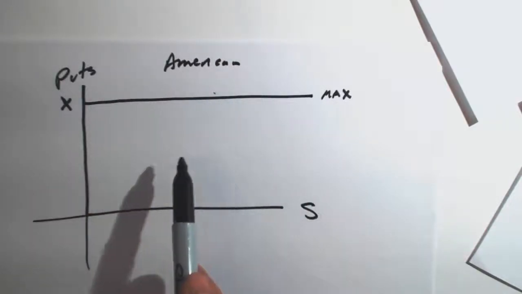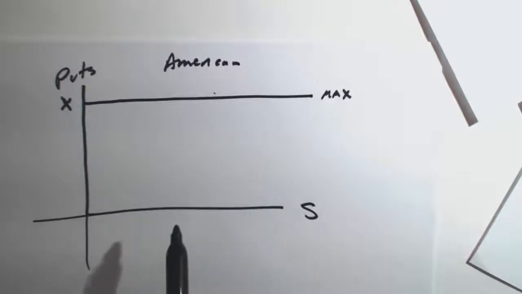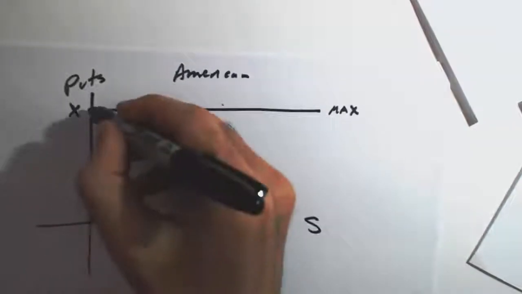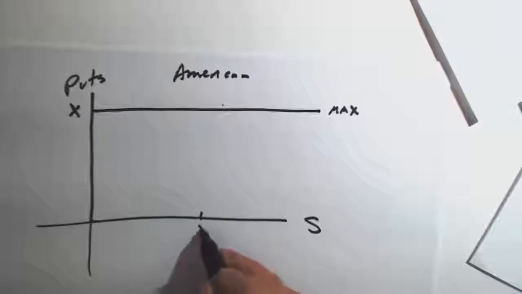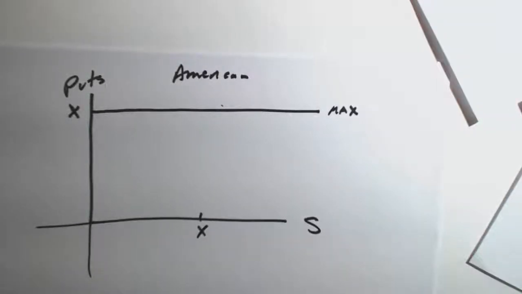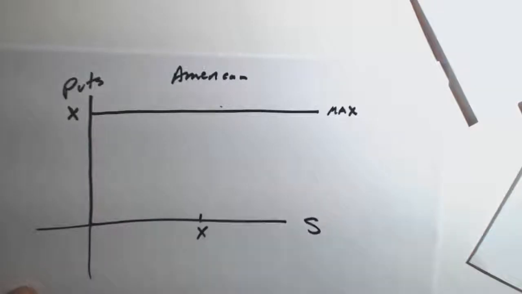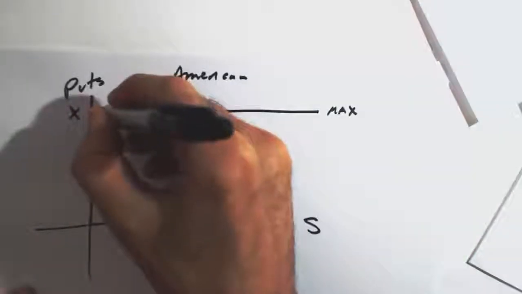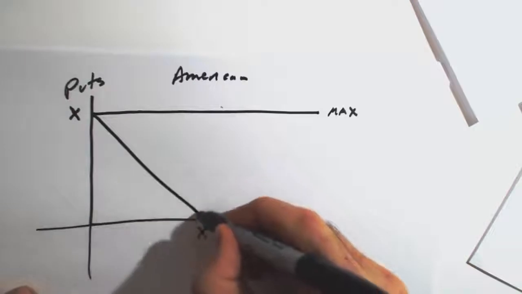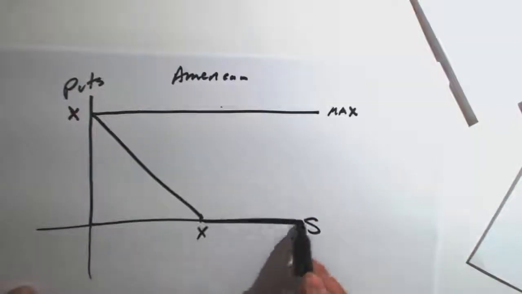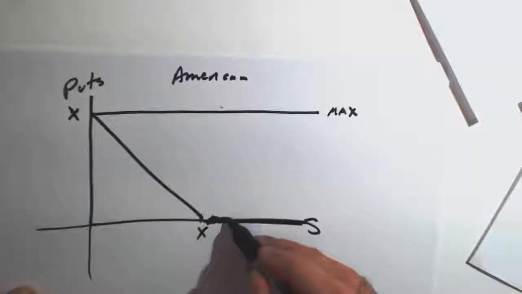Now let's see if we can confine the boundaries. Where should a put option value be? Where does it make sense? Well, I also told you that the minimum value, the lower bound, is the maximum of X minus S. So we draw this line, and I'll draw it thick.